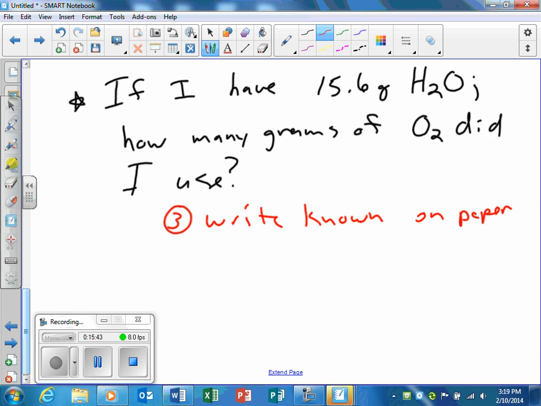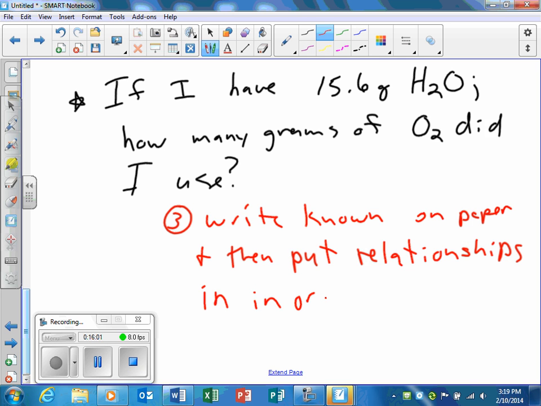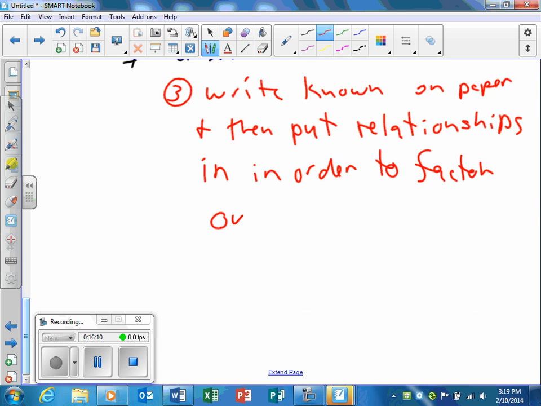Write the known down, and then put relationships in order to factor out the unwanted label.